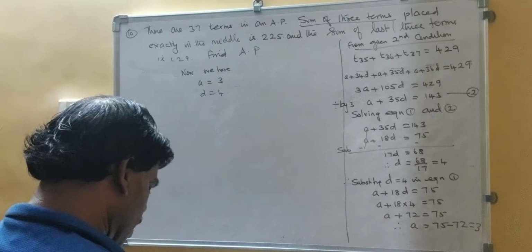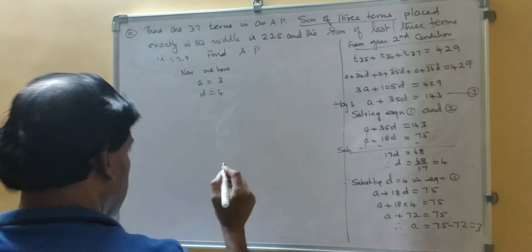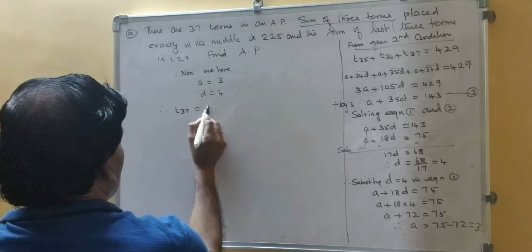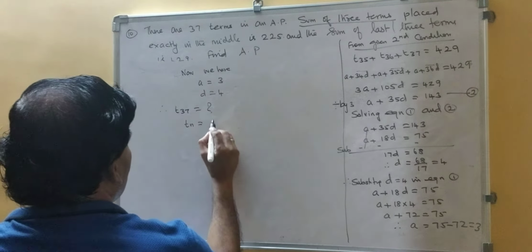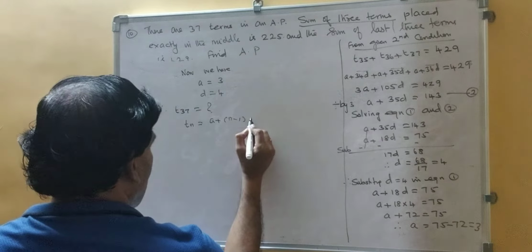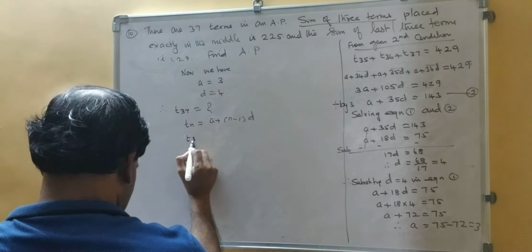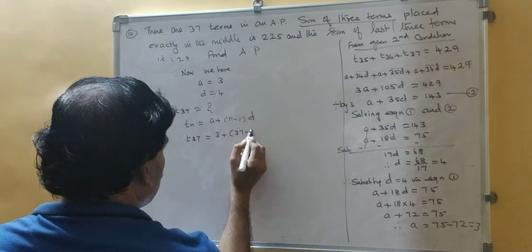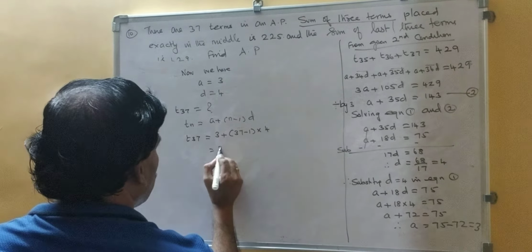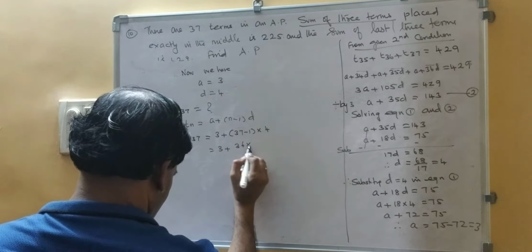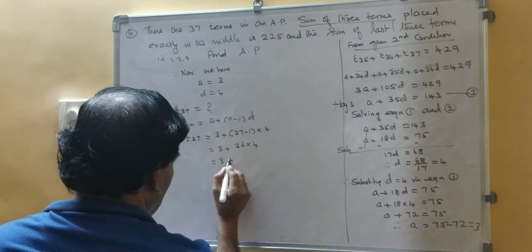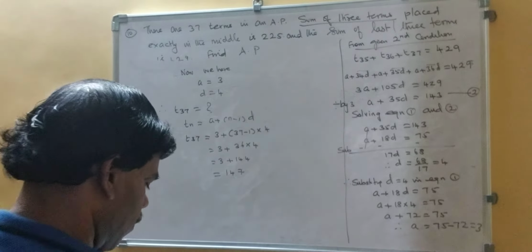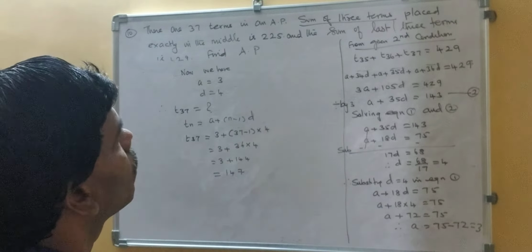Now can you find out the 37th term? Therefore T37 equal to ? Tn equal to A plus (n minus 1) into D. So T37 equal to 3 plus (37 minus 1) into 4. So 3 plus 36 into 4. So 3 plus 144 equal to 147. That's all.